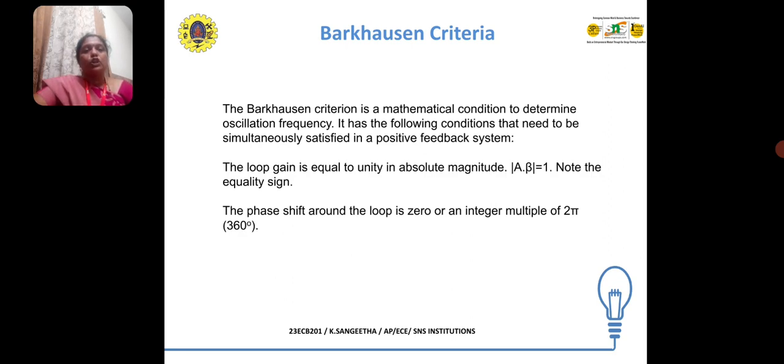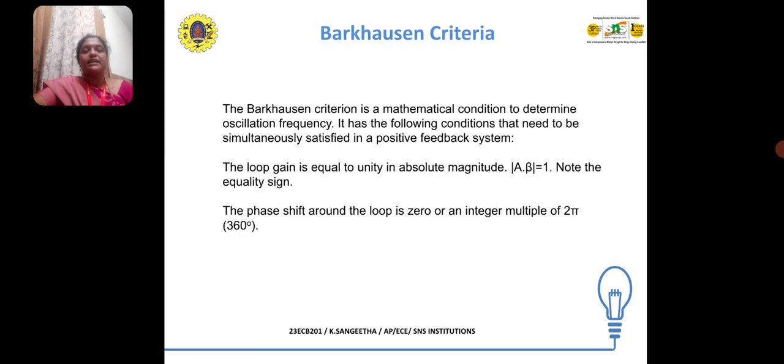The first is that the loop gain is equal to unity in absolute magnitude, that is A beta is equal to 1. Here A means the gain of the amplifier, and beta is the feedback fraction. So the magnitude of the product of A and beta should be equal to unity.